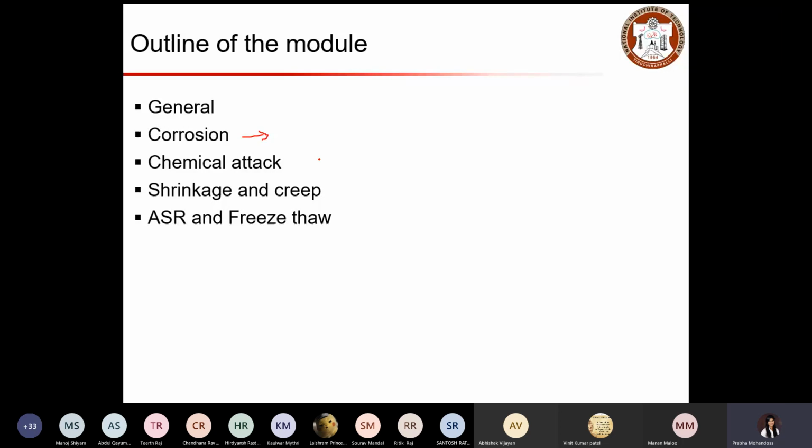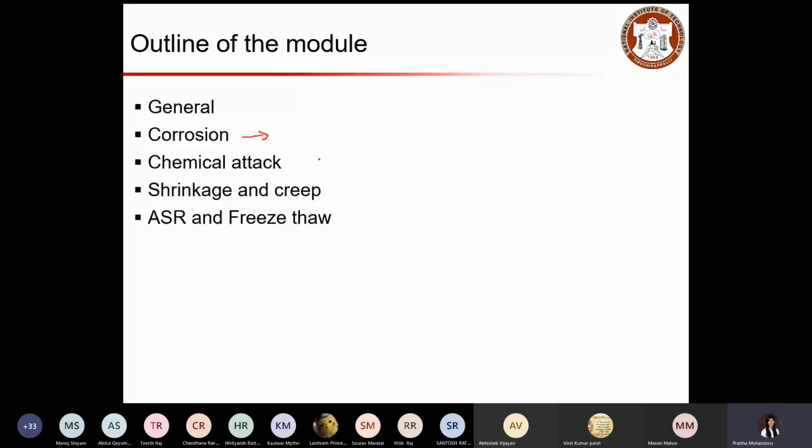Your structure can be exposed to an acidic environment, and it can be exposed to sulfates. If your structure is underground, and you have sulfate rich soil, then sulfate attack will be significant.